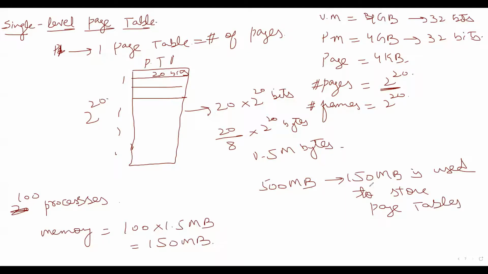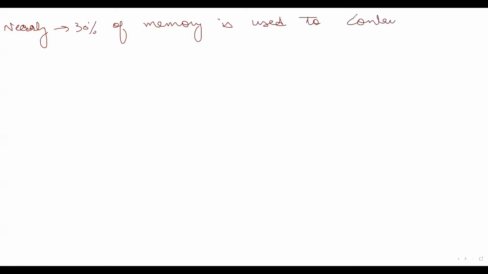And that is more than this 150 MB, nearly 30% of the main memory. So that means having this single level page table, in this particular scenario, nearly 30% of memory is used to contain page tables.